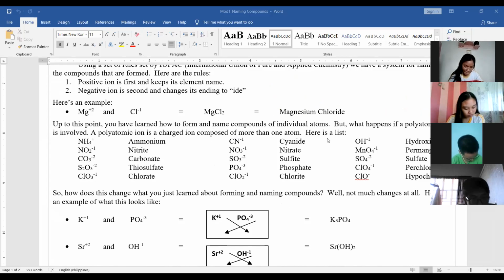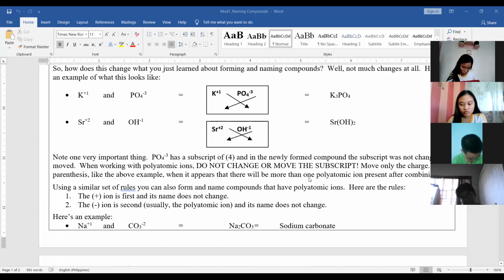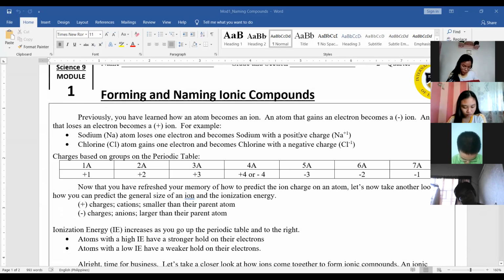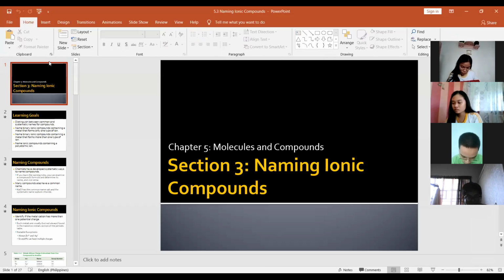So do not be limited with what I did right here in the module, because this is just limited information. Get it? So let's proceed with naming ionic compounds.